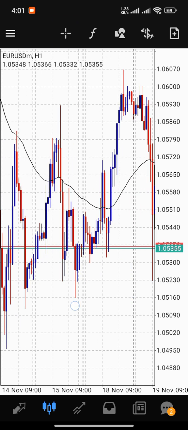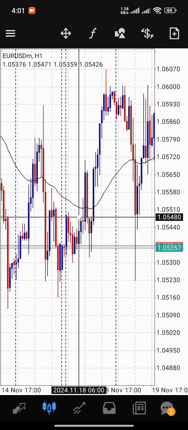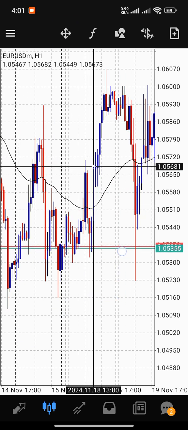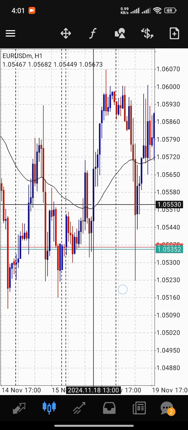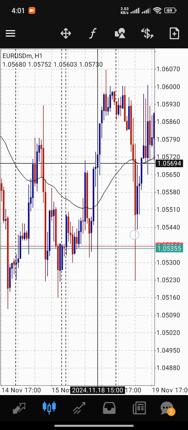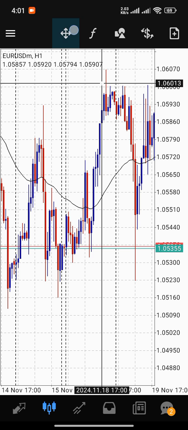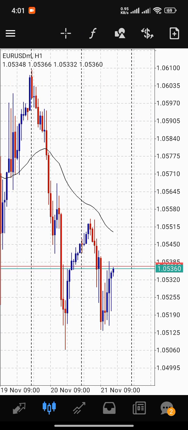And let's take another look where the market crossed. All right, for example, the market crossed around here, closed above it with a good quality candle. And what happened? The market trended upward for a while before coming back. So you can easily use moving average as your trend analyzer, using it to understand the direction of the market.